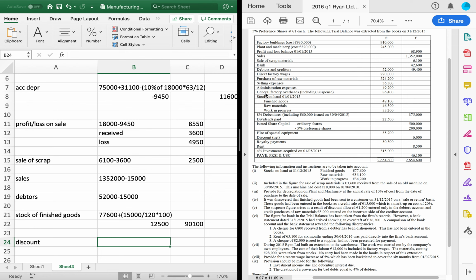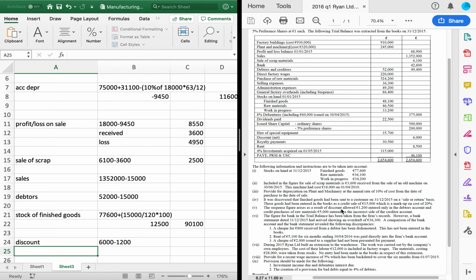So where are debtors? Oh, we already have debtors. It had gone in the debtors account, sorry, so it's already included in this. It's not included in discount. So discount starts off as 6,000 as a credit, okay? Now we're going to debit the discount away from that. We're going to take the discount away, so it was 1,200.